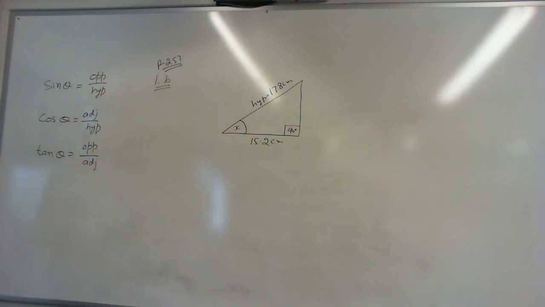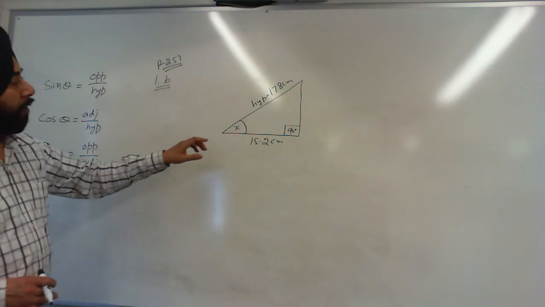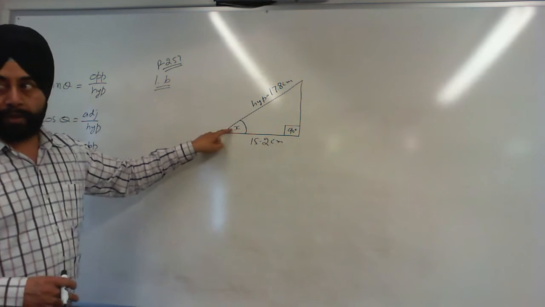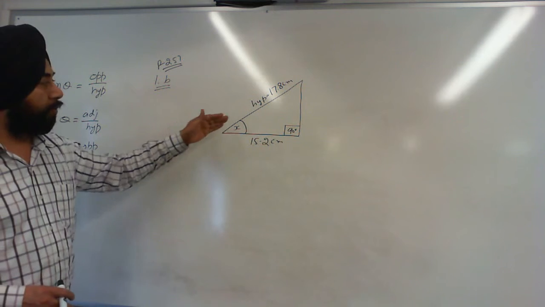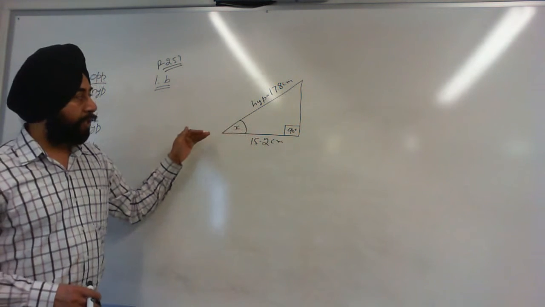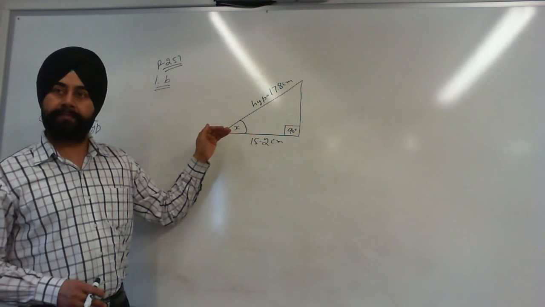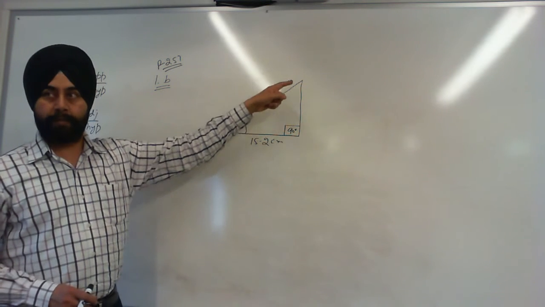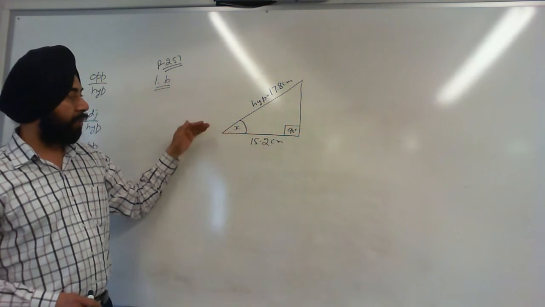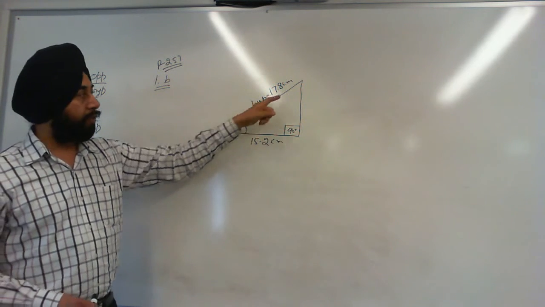Let's see how. First of all, if this is your angle that we are talking about and you put yourself at this corner and look towards the triangle, which side will be opposite? This one. This is the opposite. If you are standing here looking towards the triangle, this is the opposite.